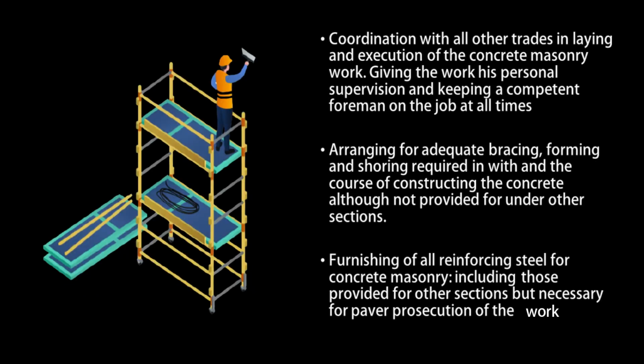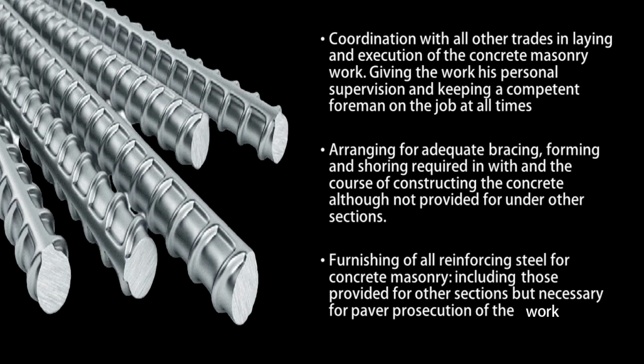Arranging for adequate bracing, forming, and shoring required in conjunction with and in the course of constructing the concrete masonry, although not provided for under other sections. Furnishing of all reinforcing steel for concrete masonry work and their placement, including those not provided for under other sections but necessary for the proper prosecution of the work.